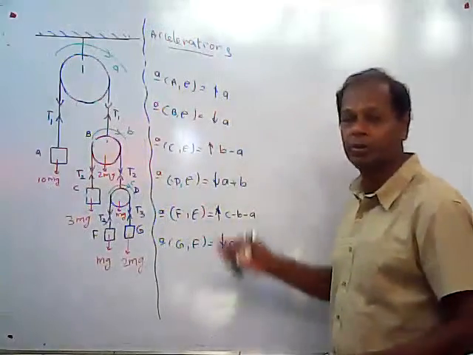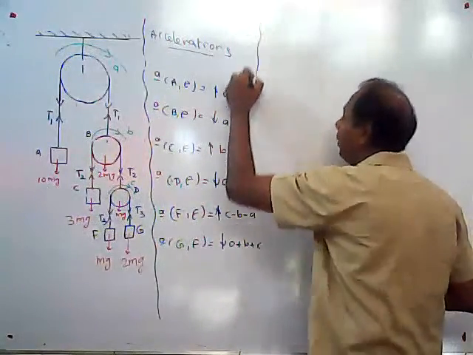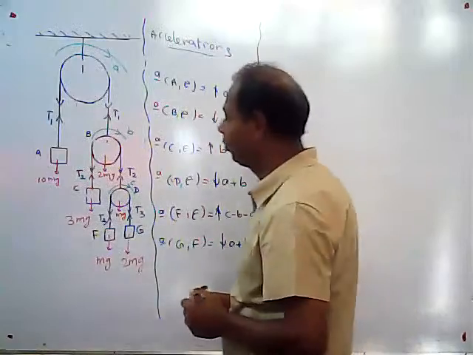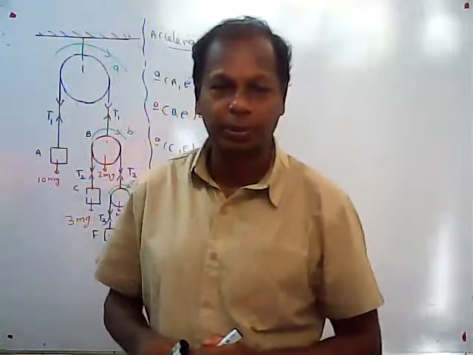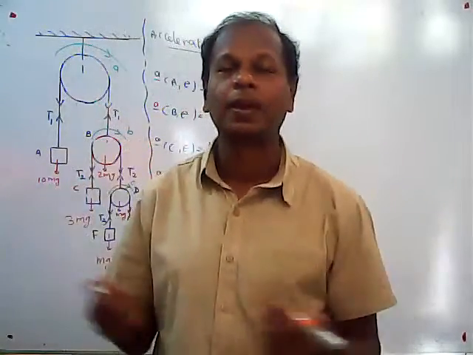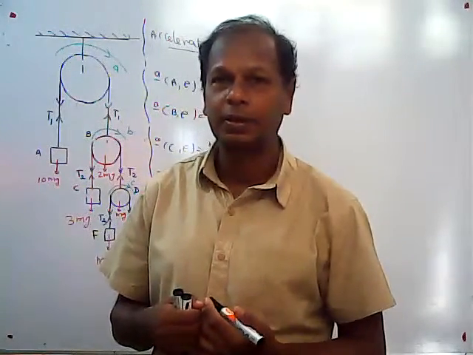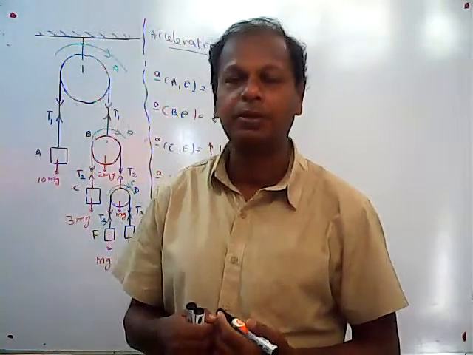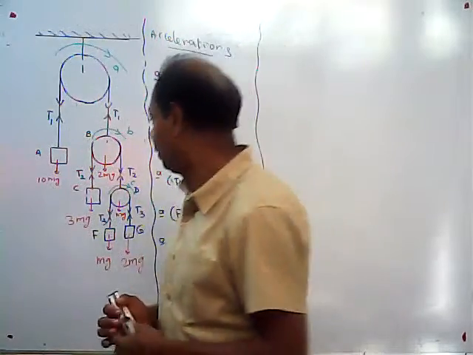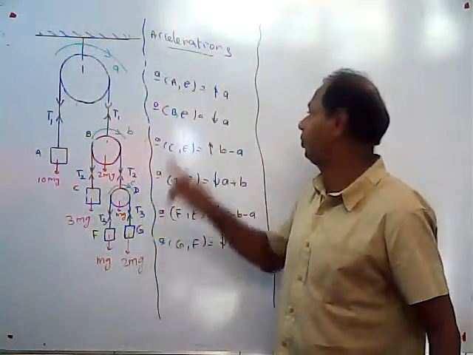Right, so I'm going to write 6 equations. If you remember, I gave you some advice last day, not a rule, on how to apply F equals ma to get these equations. I told you it's better to follow these directions.